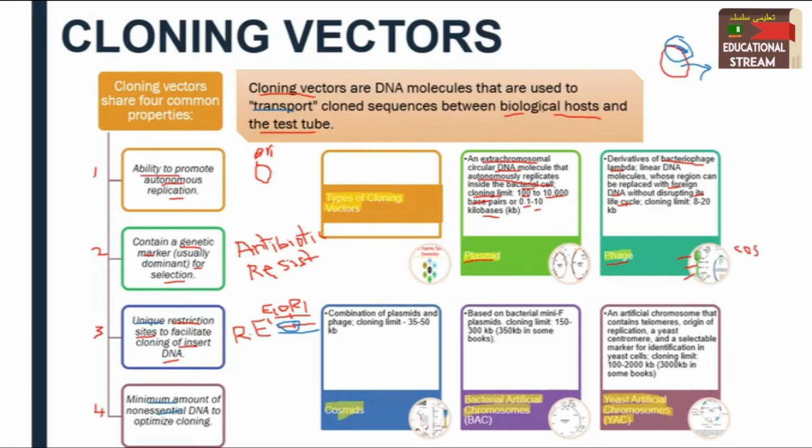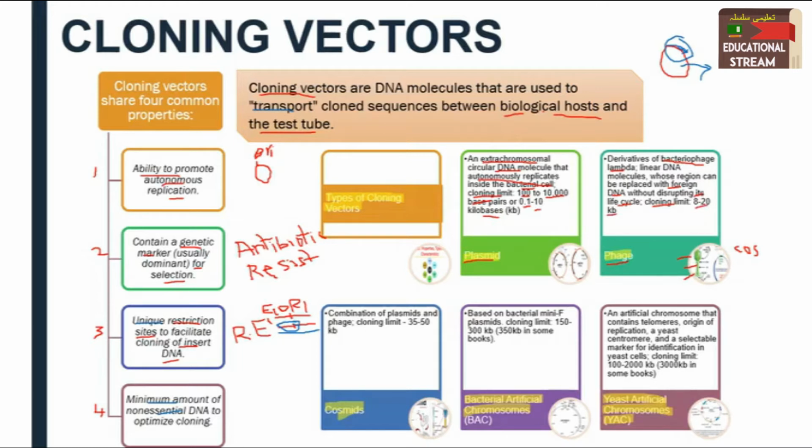And this lambda begins its life cycle in the bacterial host. So if we introduce any foreign gene into its DNA, then that foreign gene can also be introduced into the host cell when the host cell is transfected with the phages or bacteriophages. And the cloning limit of the phage is more than the plasmid, as it can carry a fragment of 8 to 20 kb.